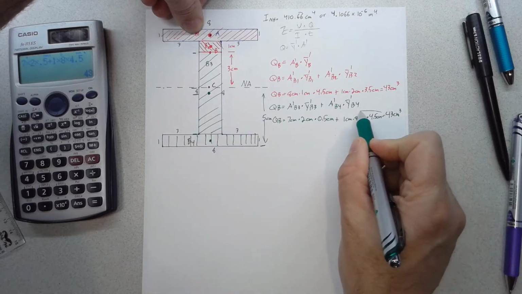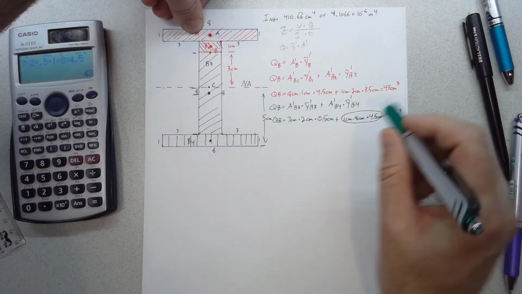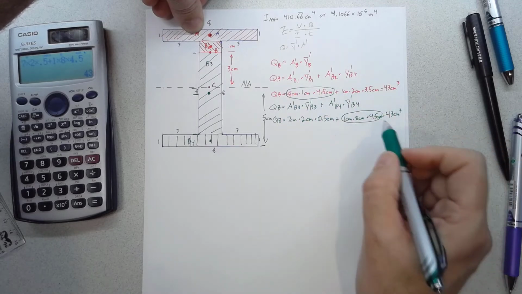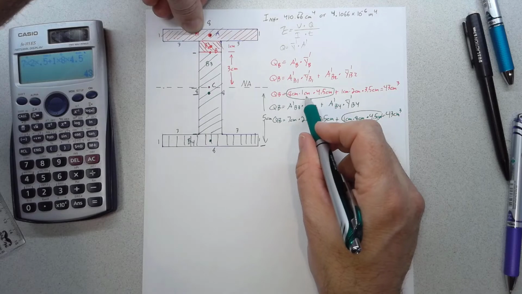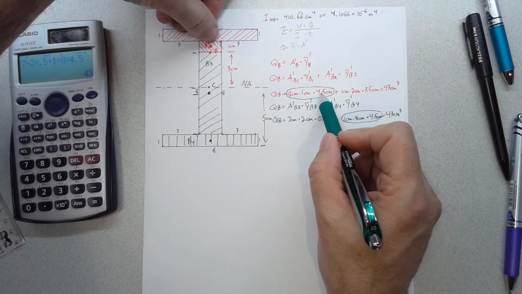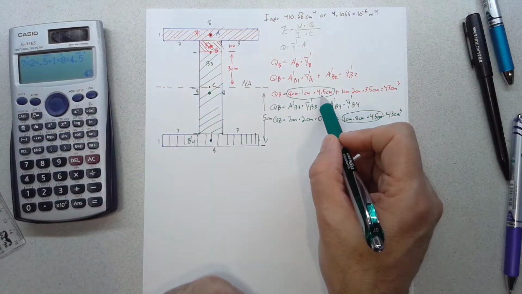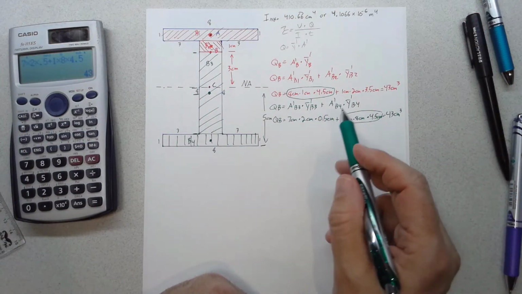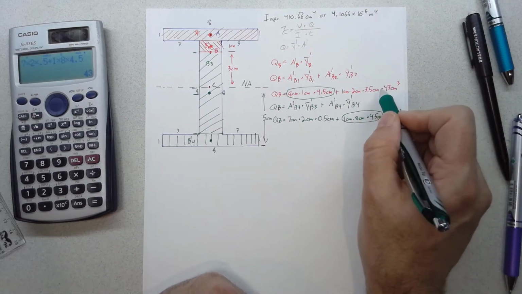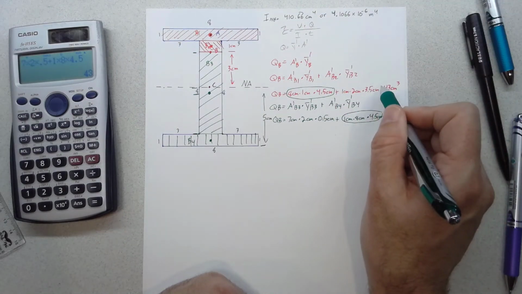If you look at this term right here and compare it to this term right here, for Q, they're equal, right? 8 times 1, that's the area of the flange, times the distance to the neutral axis, that's the same. So the part that's different between the two ways, whether we look above or below, is the term that we called B2.